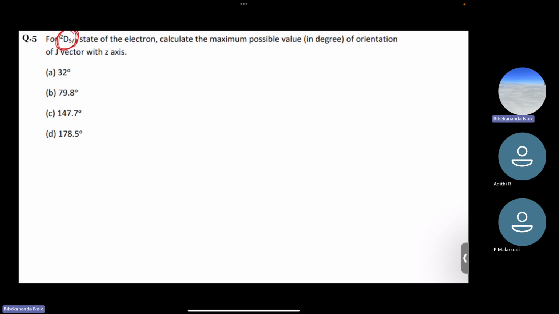This 2D 5 by 2, this type of notation is called spectroscopic notation. The spectroscopic notation is 2S plus 1, L, J, where L is orbital.